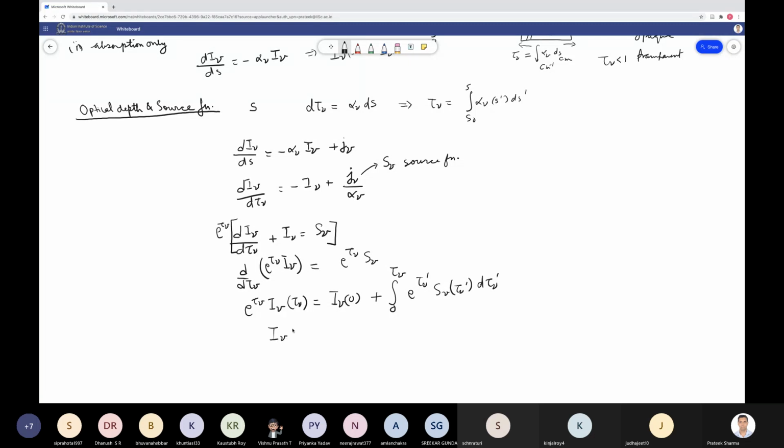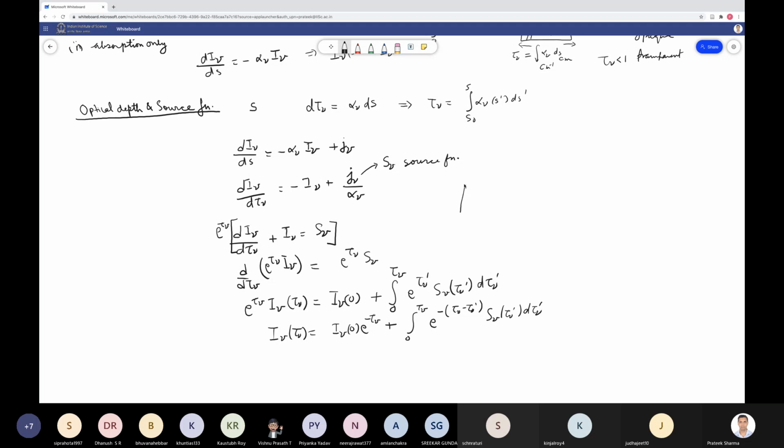I nu of tau nu equals I nu naught at 0 optical depth times e to the minus tau nu, plus the integral from 0 to tau nu of e to the minus (tau nu minus tau nu prime) S nu of tau nu prime d tau nu prime. Is this clear? This is just simple mathematics.